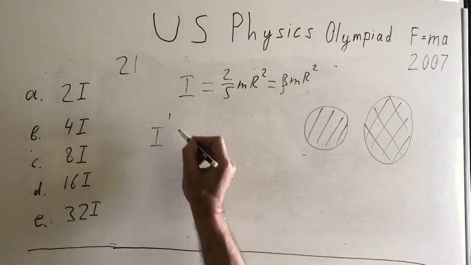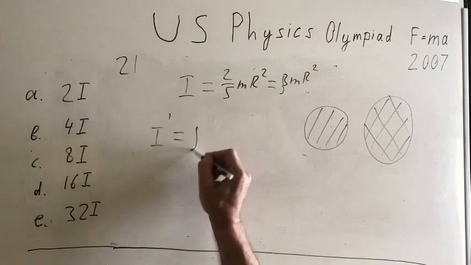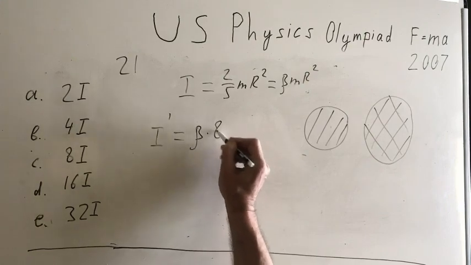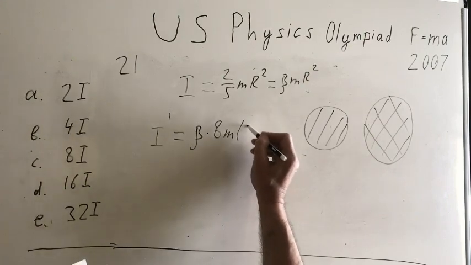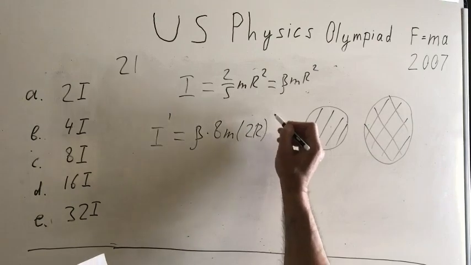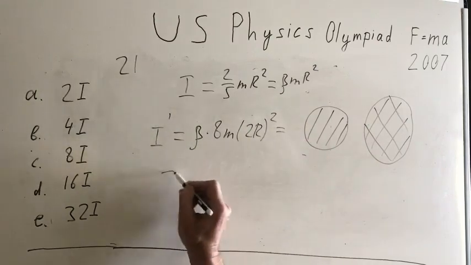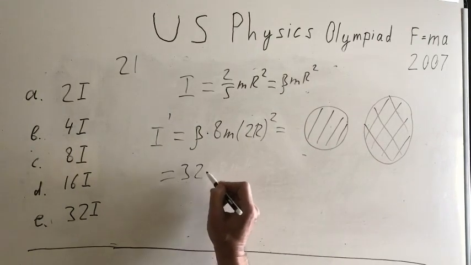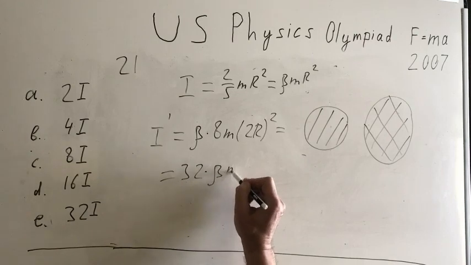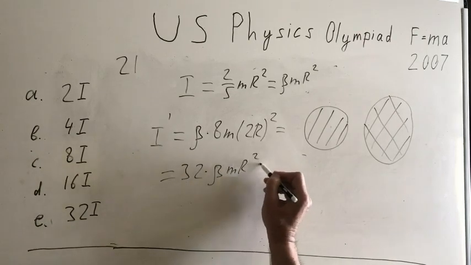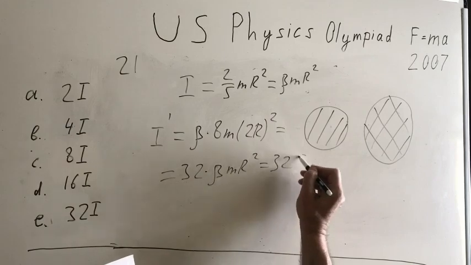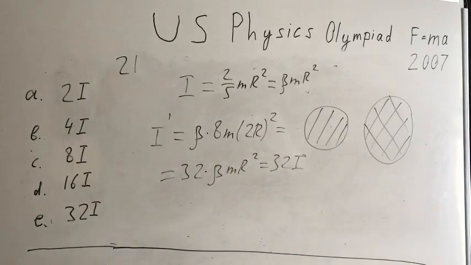So we have I prime equal to beta times 8 mass and 2 radius squared, which is 32 times beta mr squared, which is 32I. So that's our correct answer.